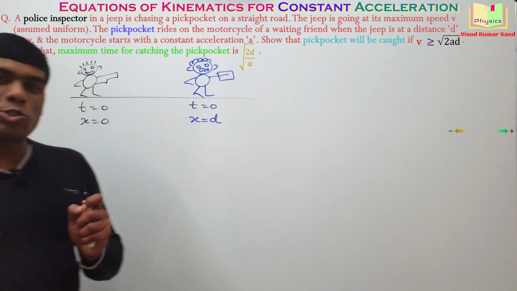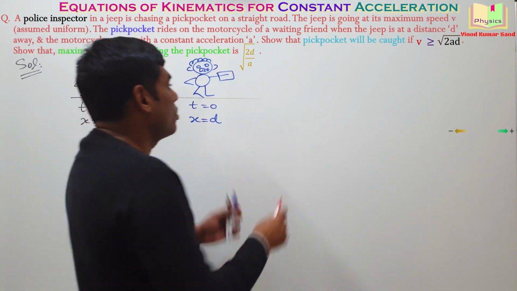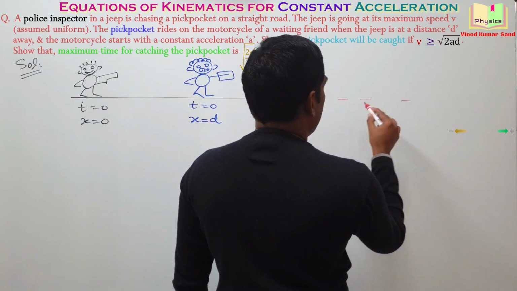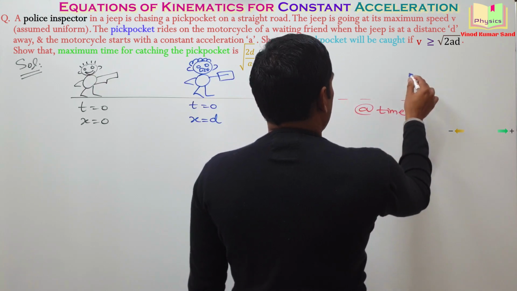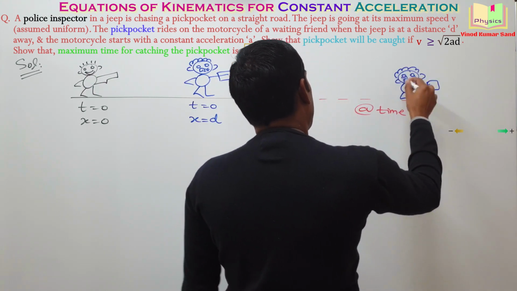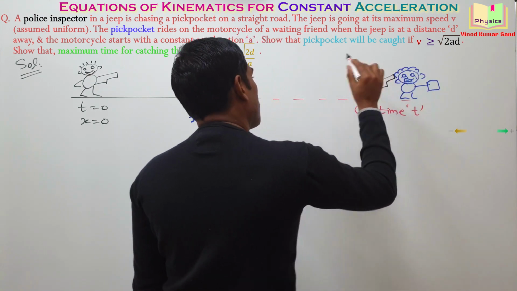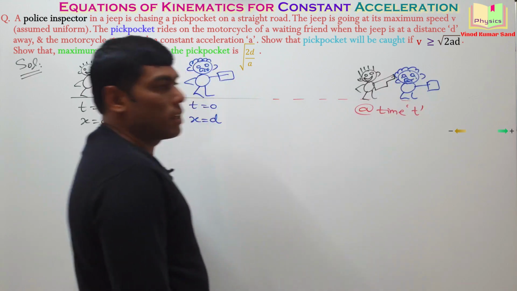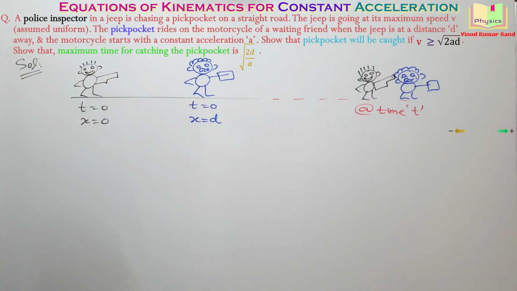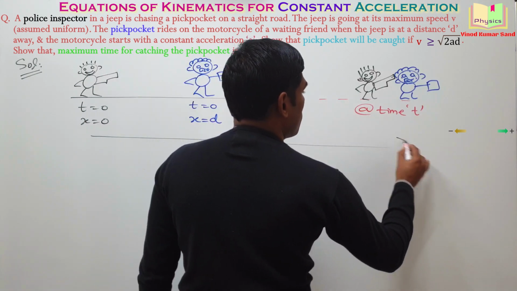Now we assume that the pickpocket gets caught at time t. So making another diagram at time t. Let's say that the pickpocket reaches here at time t and that the policeman catches the pickpocket. Now calculation is simple. We imagine that the policeman has traveled up this distance.